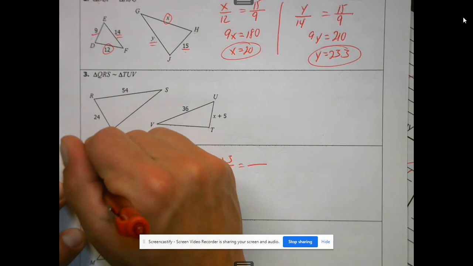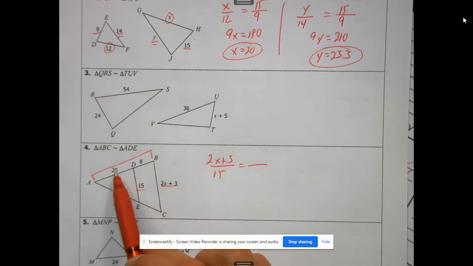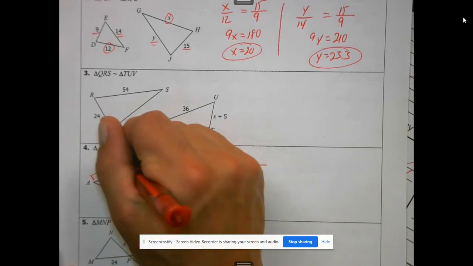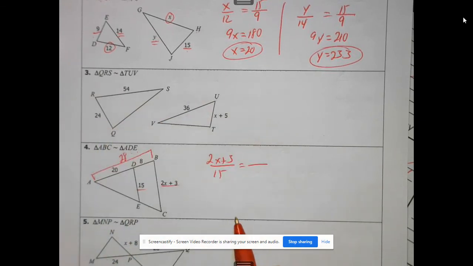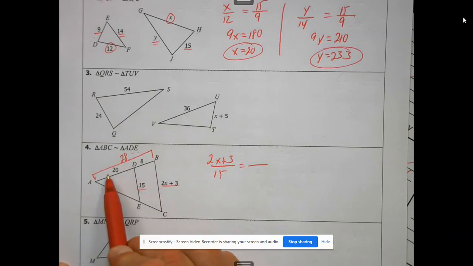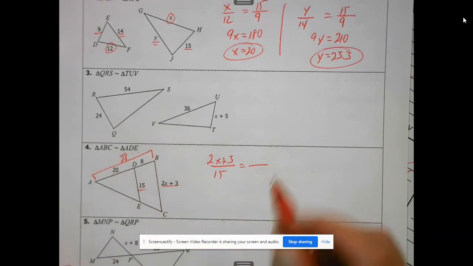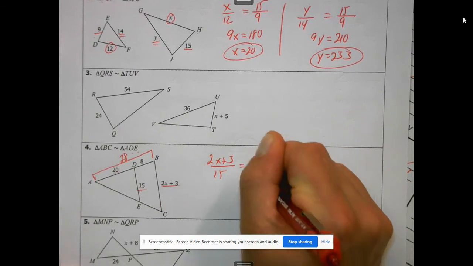If you check out number 4 here, you got to figure out the length of the big side as well. So 20 plus 8 is 28. So I went big base over small base, which has to equal big side over small side. So big base, little base, big side to small side. So 28 over the 20.